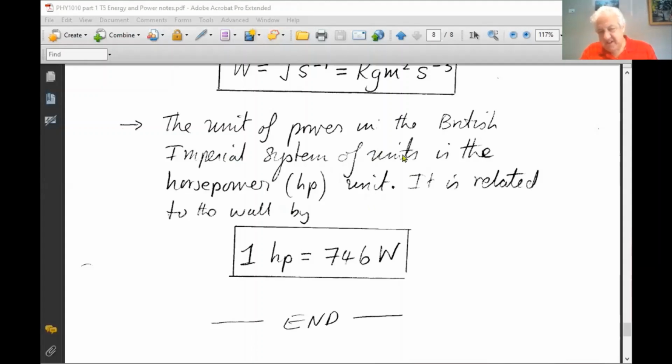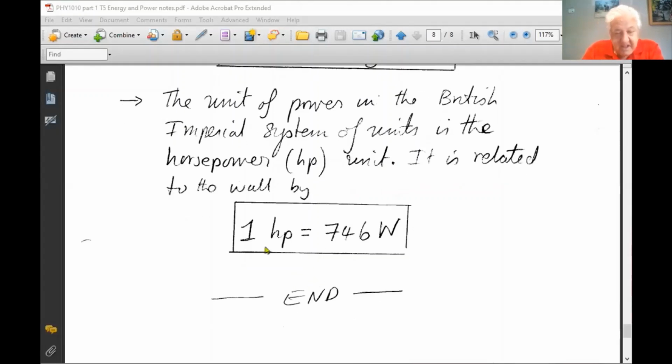You've got feet and inches, you've got 12 inches in a foot, and so on, 3 feet in a yard. They really aren't convenient units. Nevertheless, the horsepower is used, and its relationship to the watt is that 1 horsepower is equal to 746 watts. You may come across this in your tutorial questions.